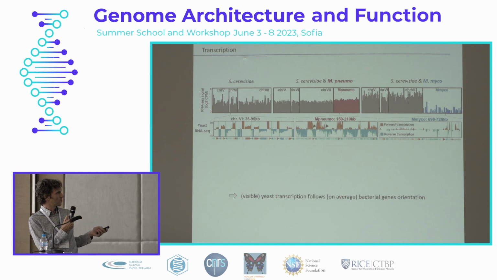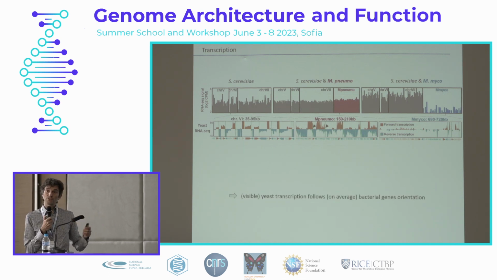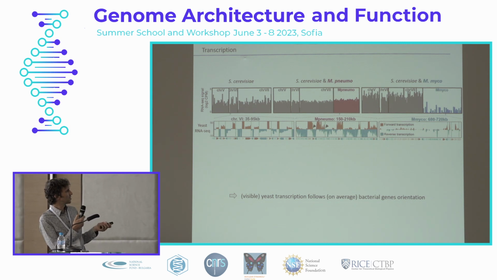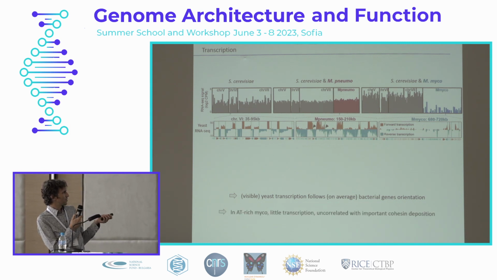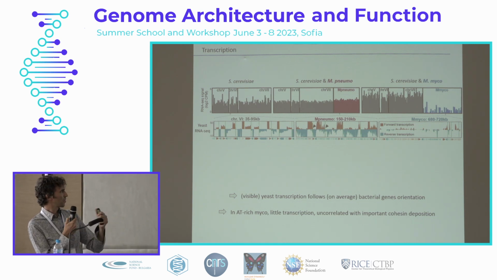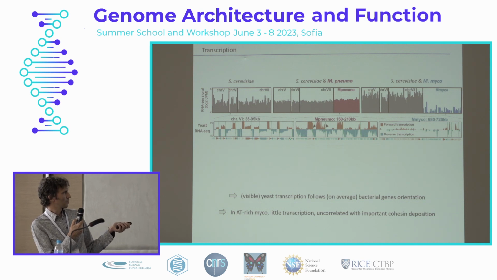Okay, this slide was supposed to be later, but this is transcription. So we also looked at transcription. On the left here, you have the yeast genome, with RNA-seq stranded reads. You can see in red the forward reads and in blue the reverse reads that follow, of course, the orientation of the genes along the yeast genome.